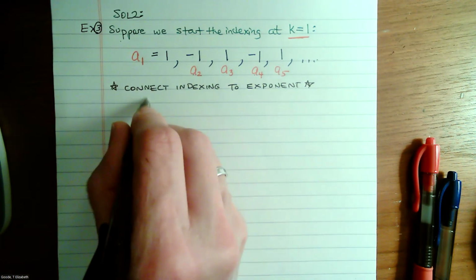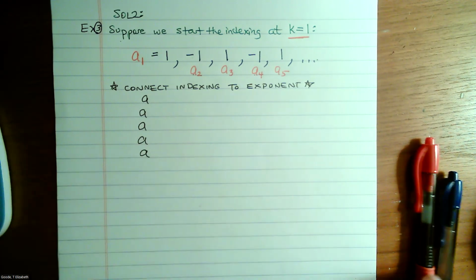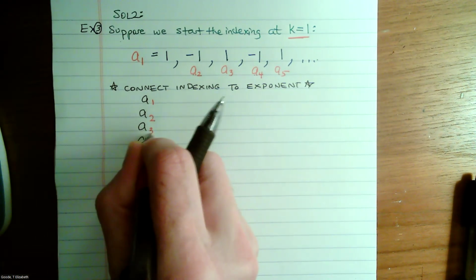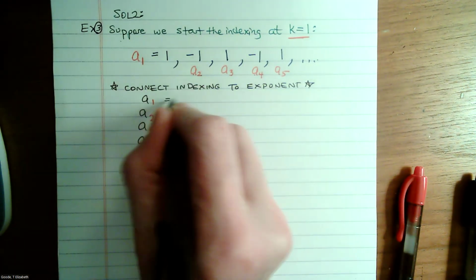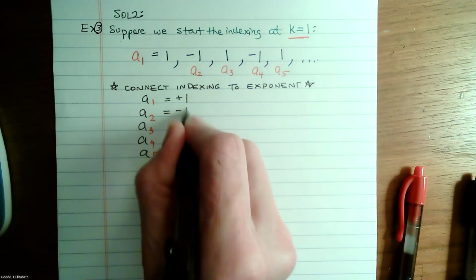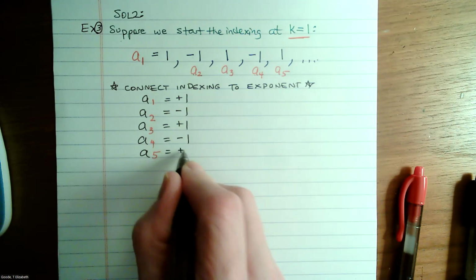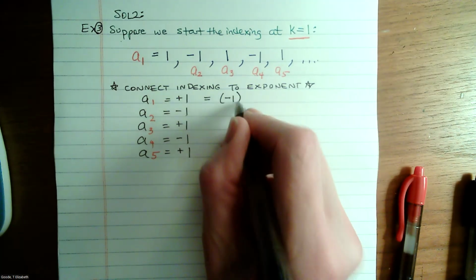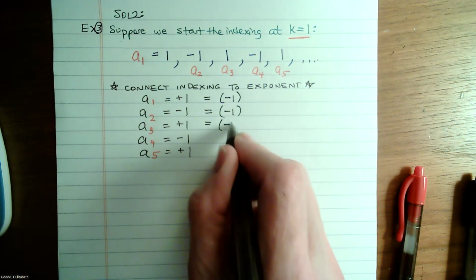So as we try to analyze it, we have to make an adjustment and realize that we're starting at 1, then there's 2, 3, 4, and 5, but we want to get positive 1, negative 1, positive 1, negative 1, positive 1. And it's not going to work out if we raise negative 1 to the indexing number of the term.